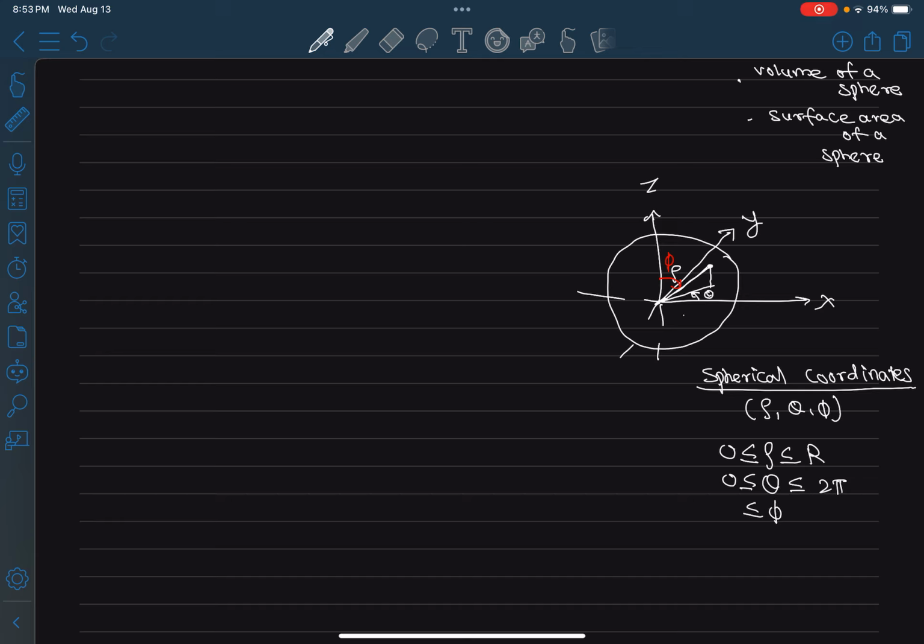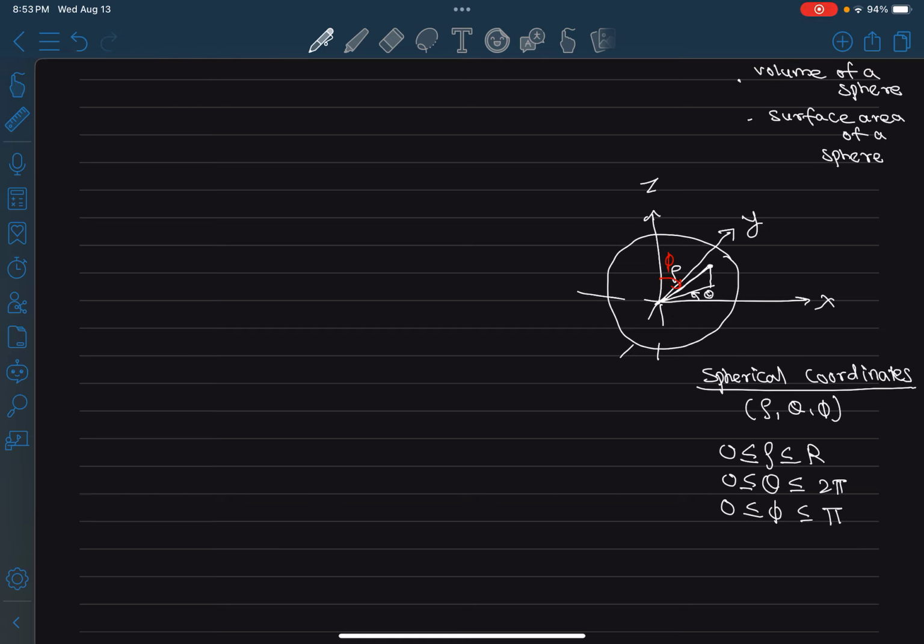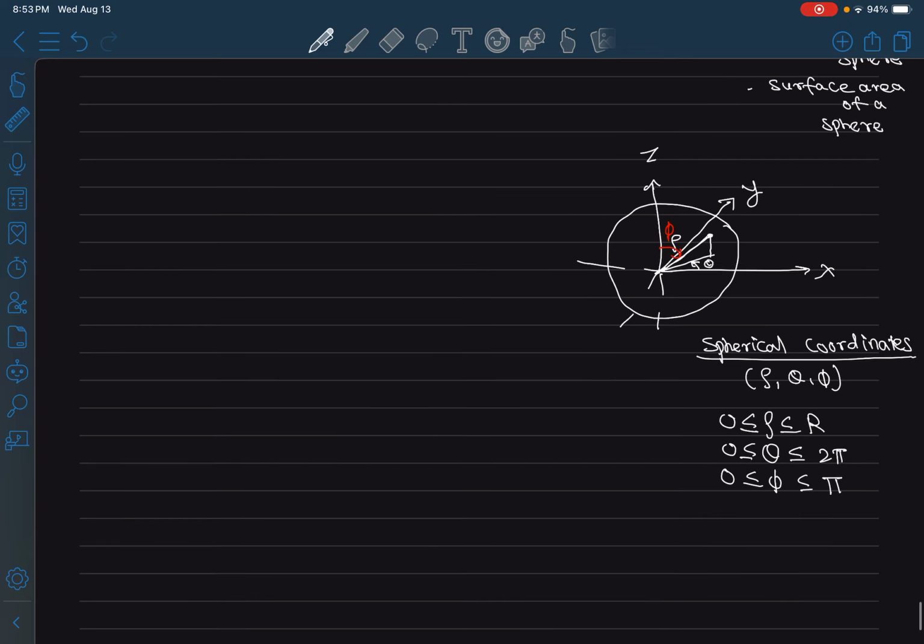So from here up to here, 0 to pi. This is the parameterization, and with it we can get any point on this sphere.